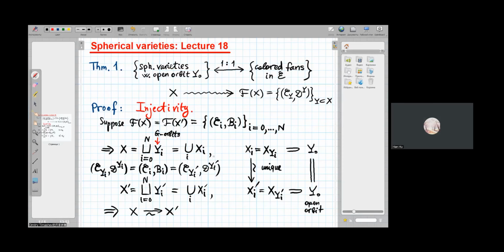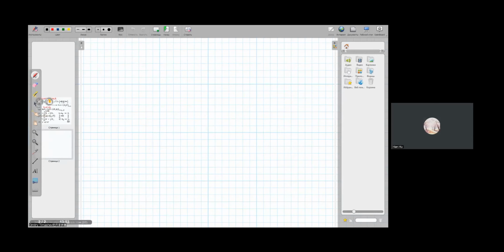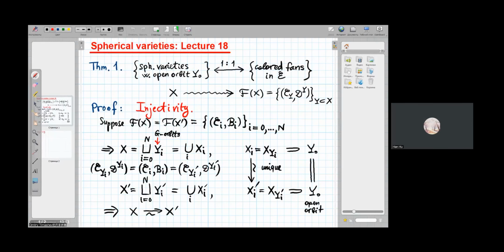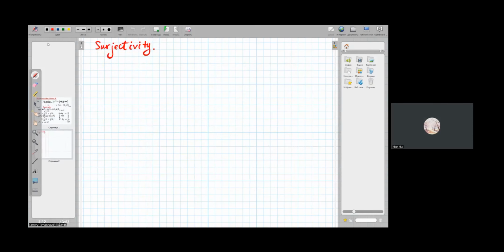Okay. Now let's turn to the surjectivity of this correspondence. We have to prove that for each colored fan, there exists a spherical variety X whose colored fan is the given one. So suppose we are given a colored fan.